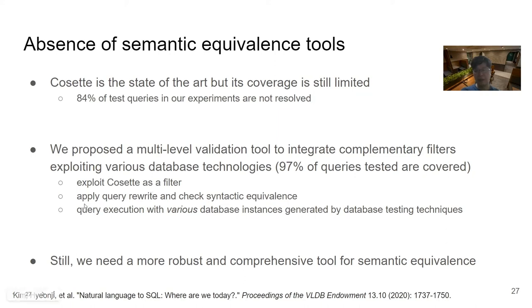And then we apply query rewrite and check syntactic equivalence between two redundant queries. And then we apply query execution with the various database instances generated by database testing techniques.